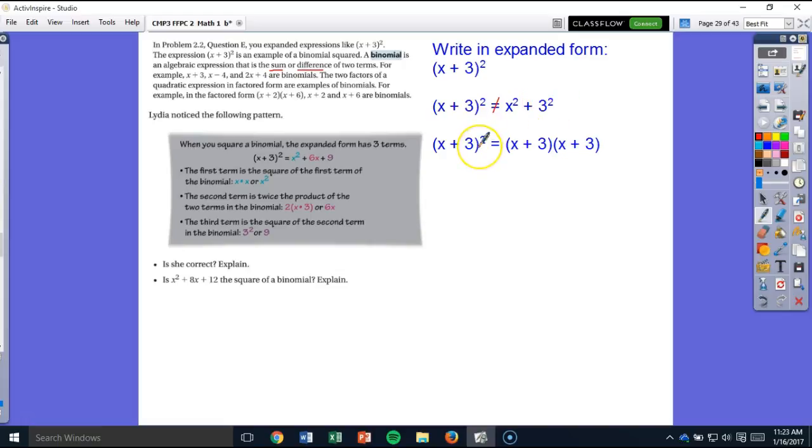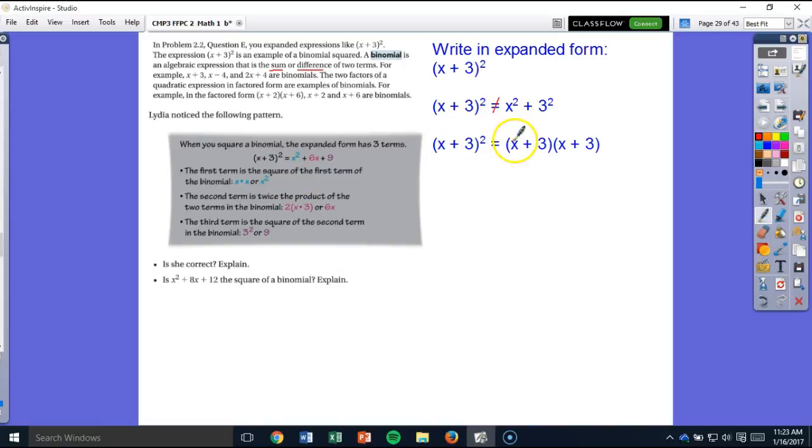When we write this in expanded form, (x plus 3) squared means we have two factors of x plus 3. So you would write it in expanded form like this. Okay? So now Lydia says the first term in the square of the binomial is found by squaring the first term.